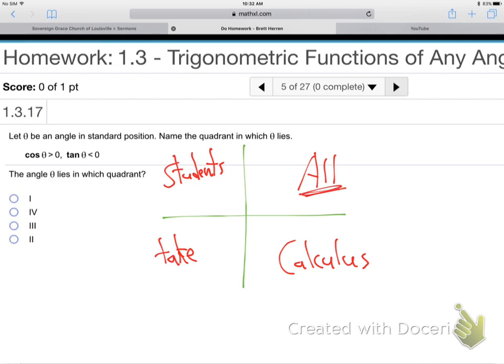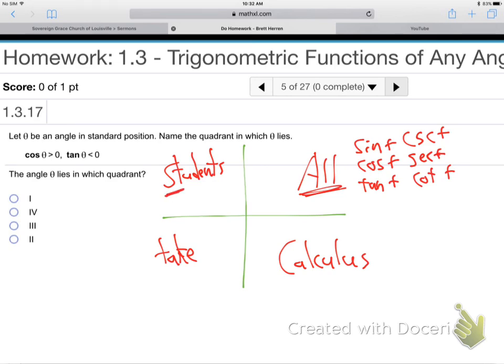All, meaning all 6 trig functions are positive here. Sine is positive. Cosine is positive. Tangent is positive. And the other 3, which are just the upside down of those 3, cosecant is positive, secant is positive, cotan is positive. They're all 6 positive in the first quadrant.